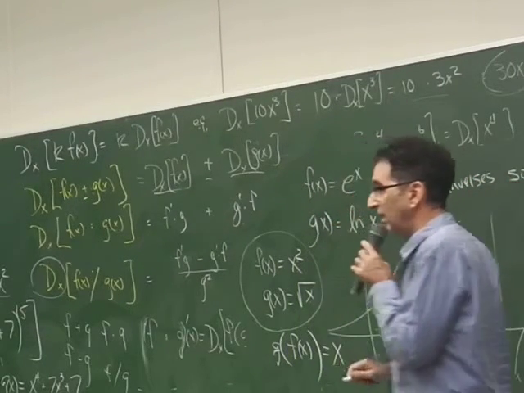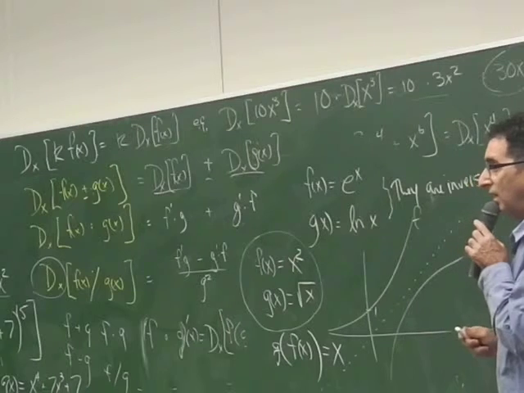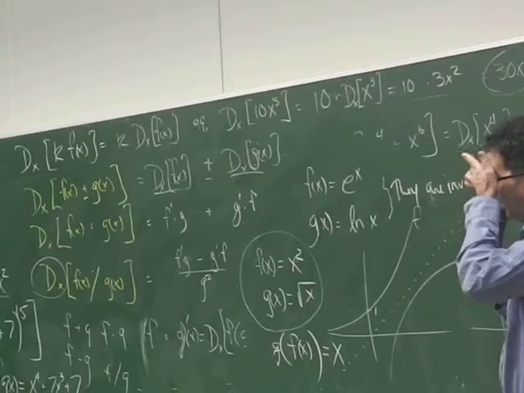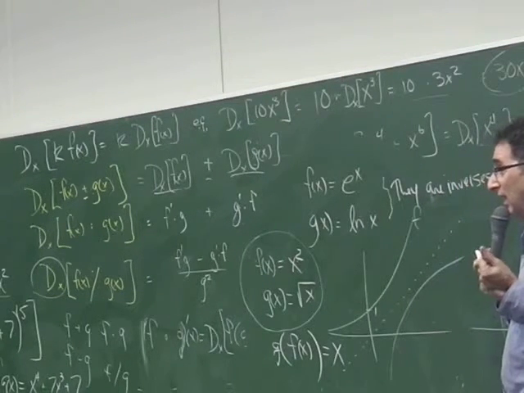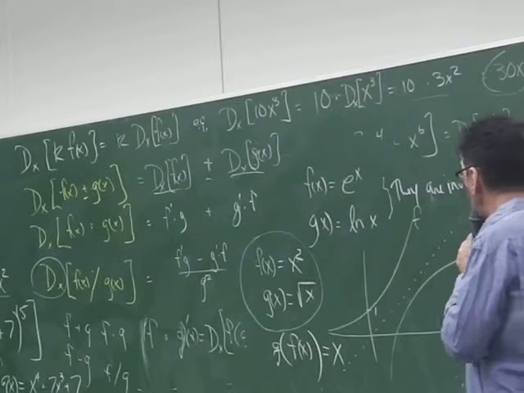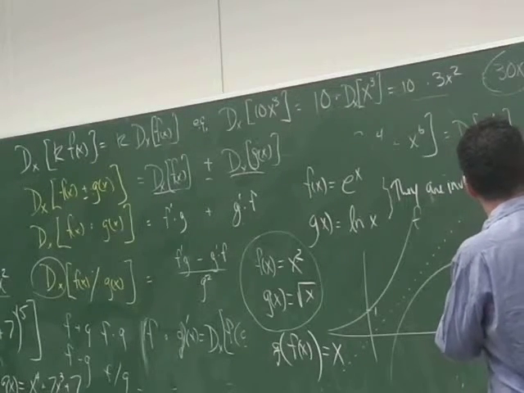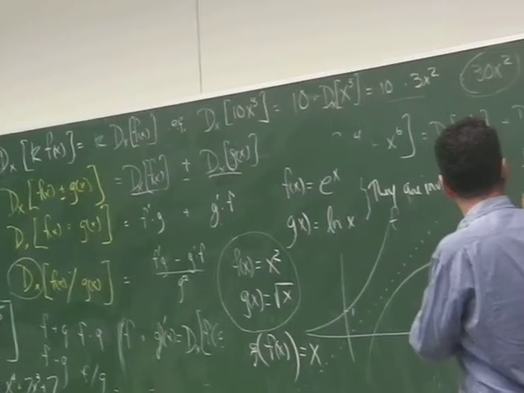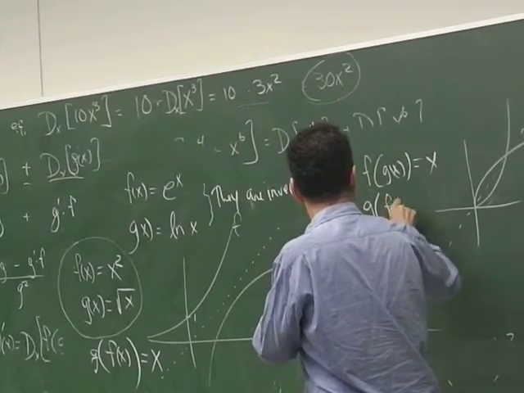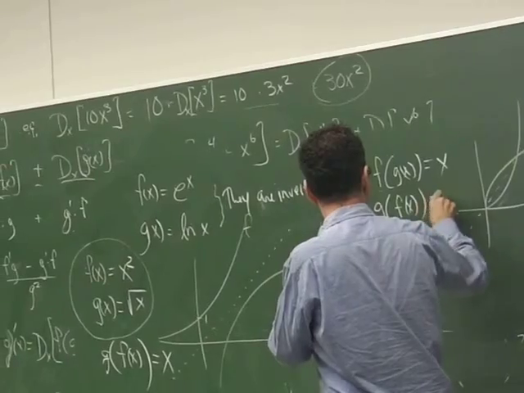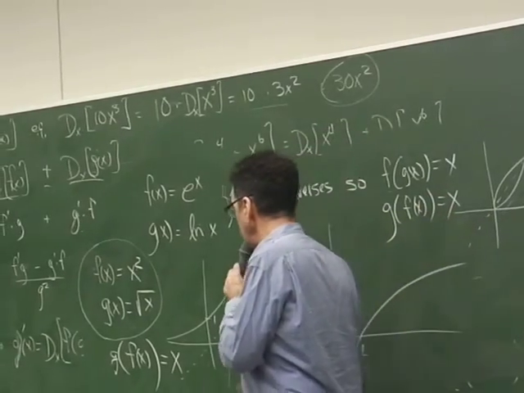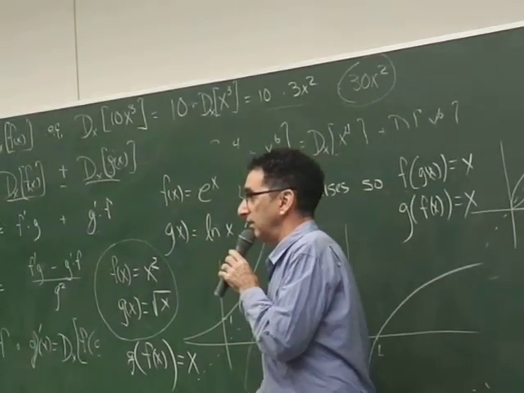They're inverses, so if I put one into the other, I'm supposed to get what back? X. So f of g equals x, and also g of f equals x. So how do I write that for this particular f and g?